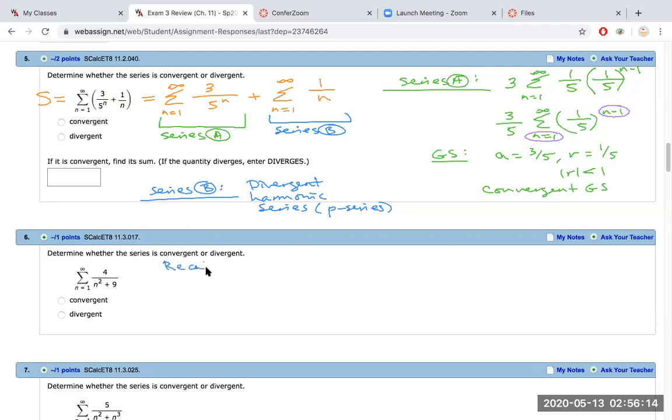Recall, for P series, you're going to have some kind of series n equals 1 to infinity, and you have 1 over n to the P. If P is greater than 1, you have a convergent P series. Specifically greater, not even equal to 1.